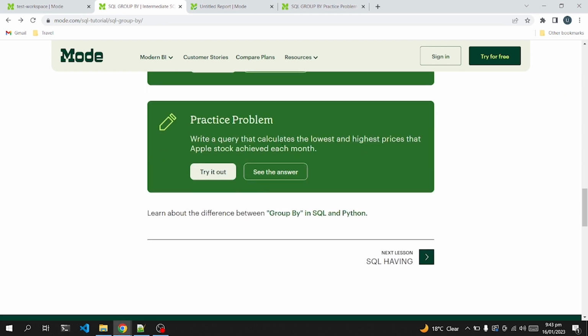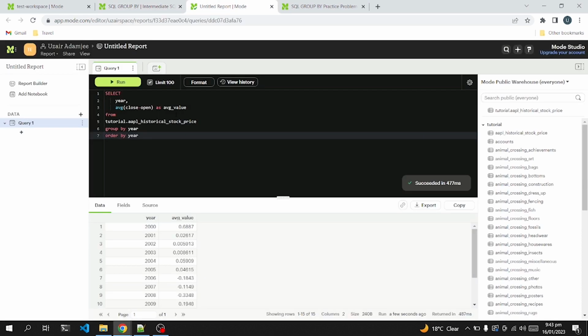Write a query that calculates the lowest and highest prices, which means we have to use maximum and minimum in this, and we have to group by month. Let's try it out.